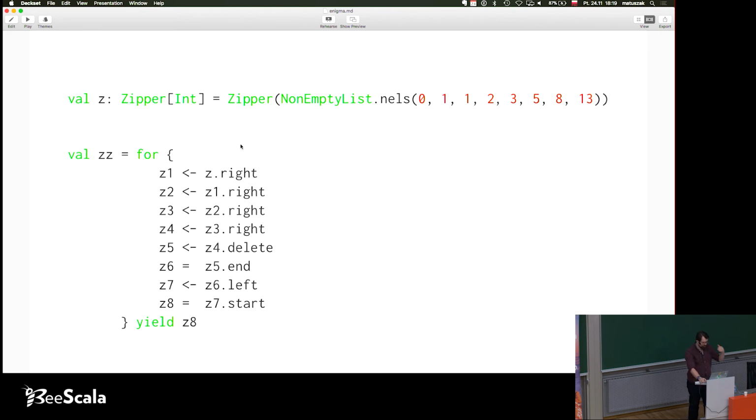Also, we can write this using the for comprehension, so it looks much nicer. The one downside is that you have to remember that you are working on immutable data. So you have to have Z1, Z2, Z3, and so on. So you have to remember not to make a mistake, or you can use something like a state monad, which will take care of this for you.